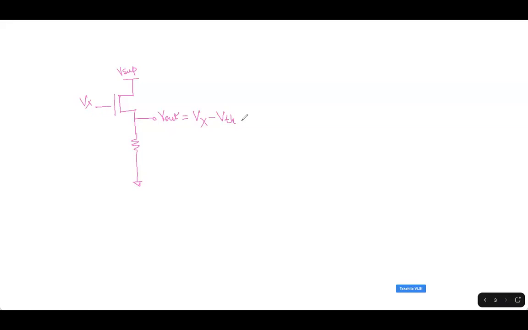If the op-amp has some noise, the op-amp output has some noise, so Vx will have some noise. And if it is correlated with respect to the Vsup, meaning Vsup itself is the reason for Vx noise, it is possible. It depends on how good the op-amp we have designed.